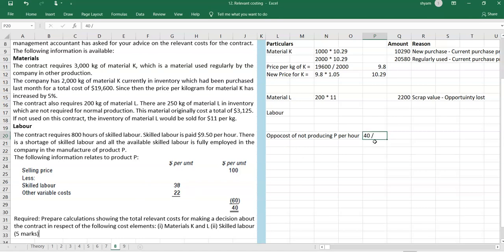So if you want, we can put it one step below. We should divide contribution per unit by labor hour per unit. So that's the formula.